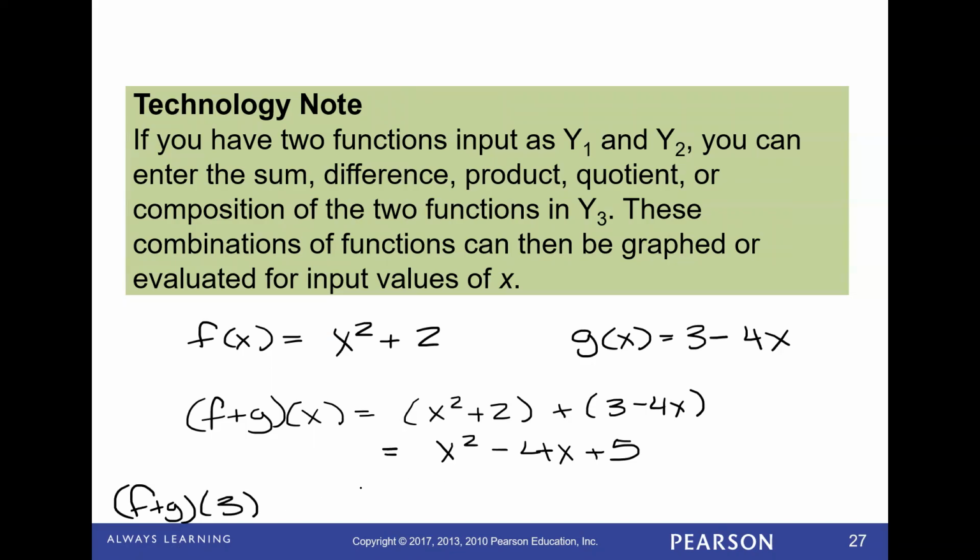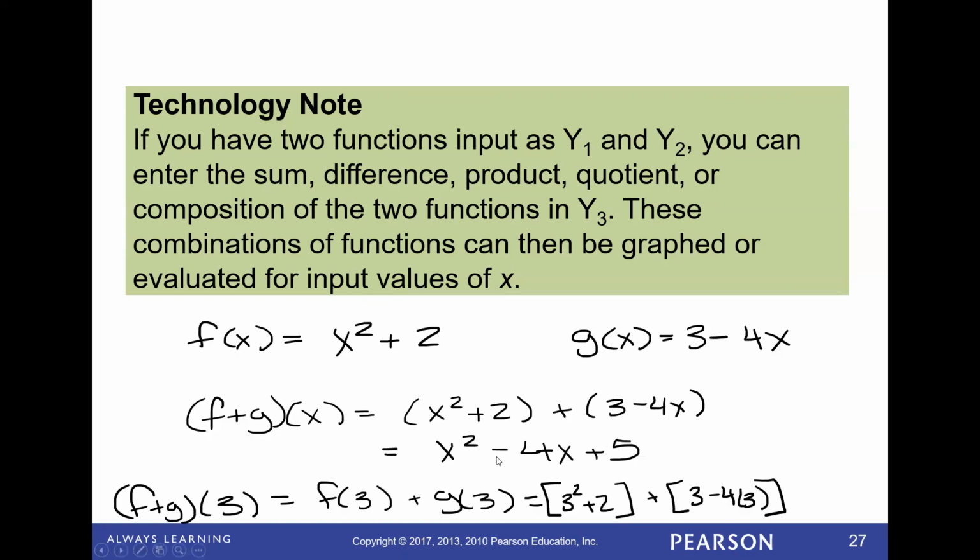Okay, basically what that means is you're taking the f function evaluating at 3 and the g function evaluating at 3. So you can either plug it in right here, or you can take it individually. So I can basically do 3 squared plus 2, and then I can add that to the 3 minus 4x times 3 there.